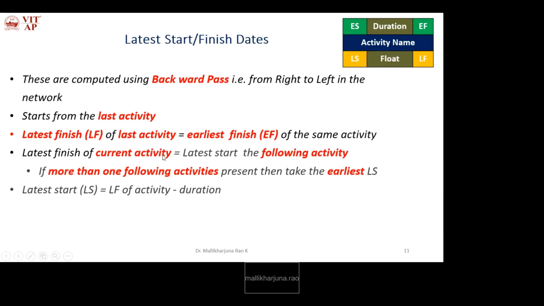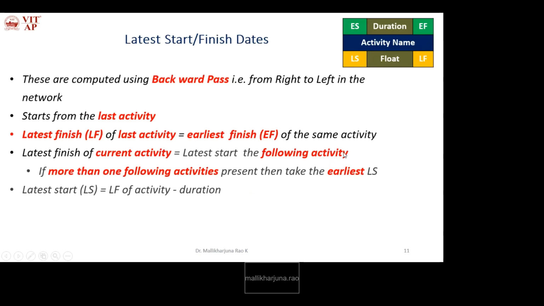Now the latest finish of the current activity. What do we mean by current activity in this case? Any activity other than the last activity. If n is the last activity, then n minus 1 is the current activity. The latest finish of the current activity is the latest start of the following activity.